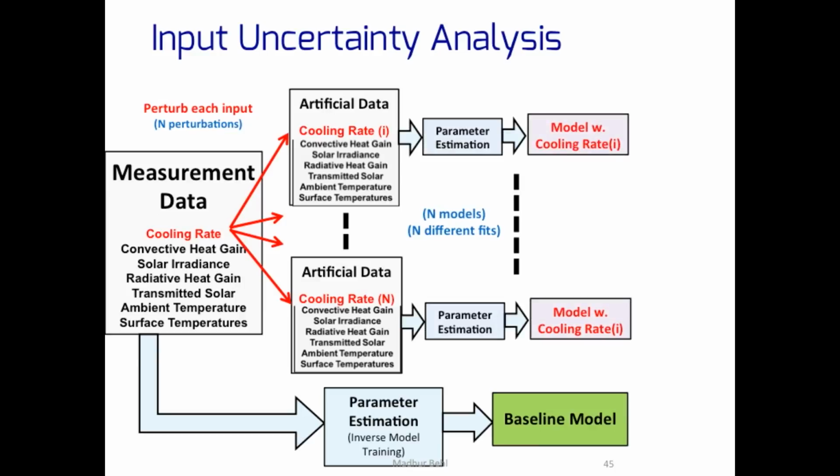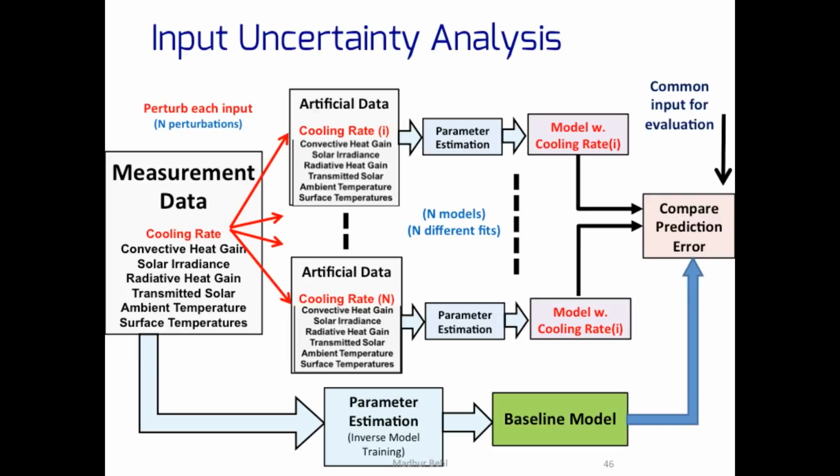We then repeat our estimation algorithm and obtain models. Again, the only difference between them is that for a particular sensor's data stream, we introduced some artificial bias into that sensor itself. And lastly, once we have these models, we compare them against the nominal model obtained from unperturbed or original data. And this process will help us evaluate the influence of each of the sensor data streams on model accuracy.